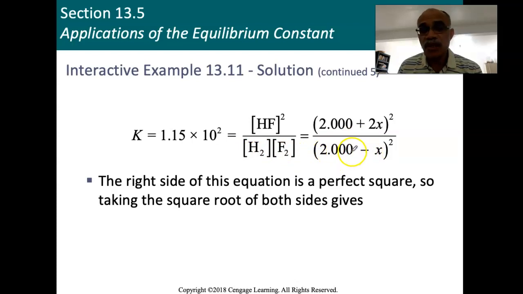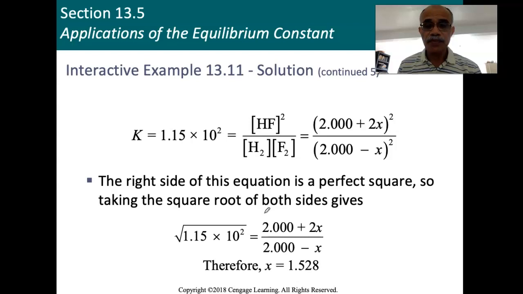So you can square that. Now, when you have this sort of square function, the right-hand side of this equation is a perfect square. So taking the square root of both sides will lead you to a very quick solution for x. So square root on both sides and solve for x. X is 1.528.